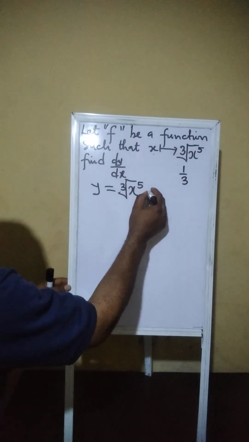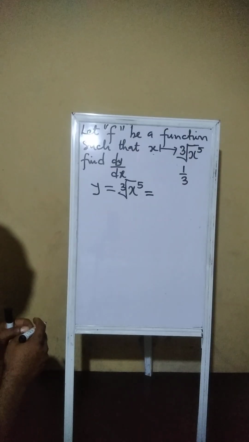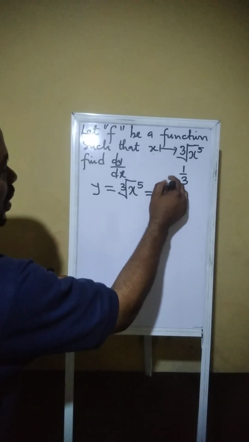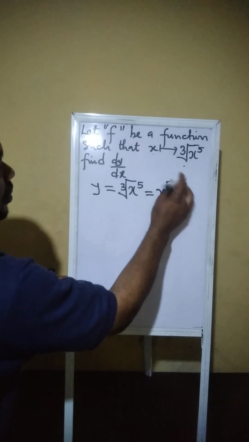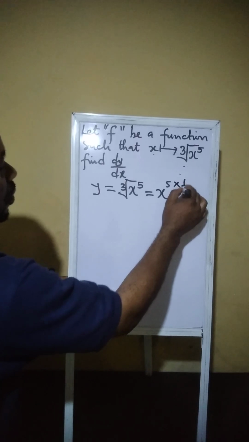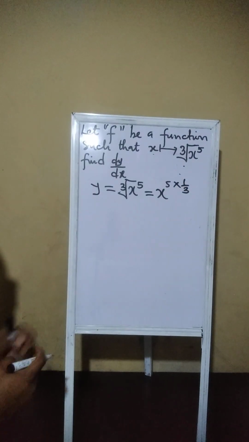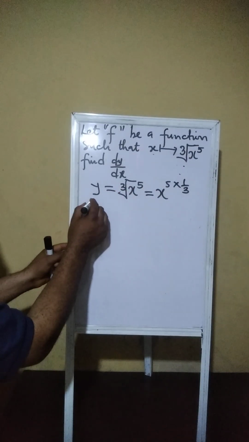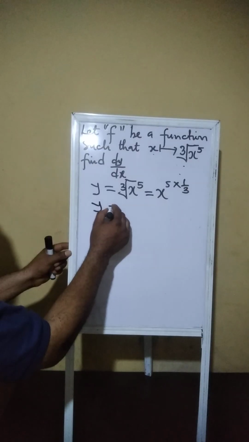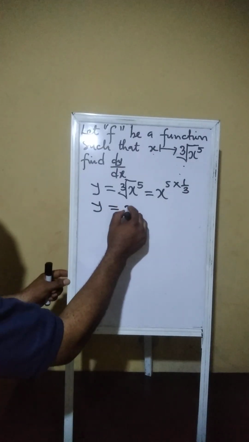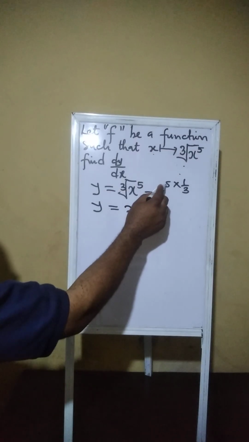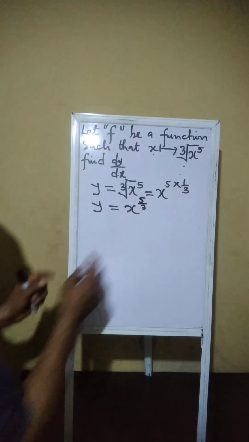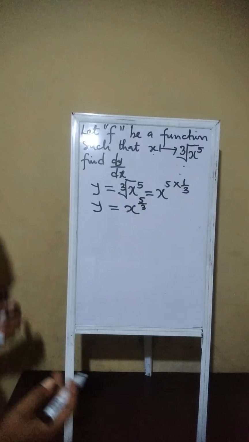Then this can be written as x raised to the power of 5, then multiplied by 1 over 3. So root of 3 means power 1 over 3. So we have y is equal to x, then I multiply 5 times 1, which gives us 5, all over 3. Then it is now good to go.